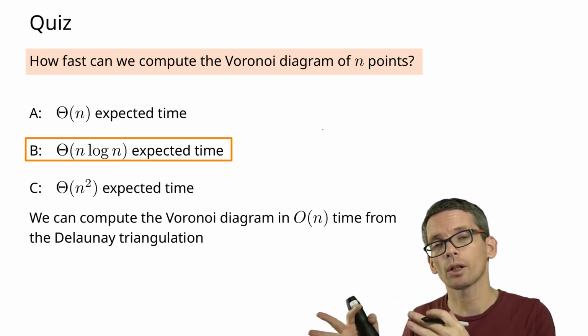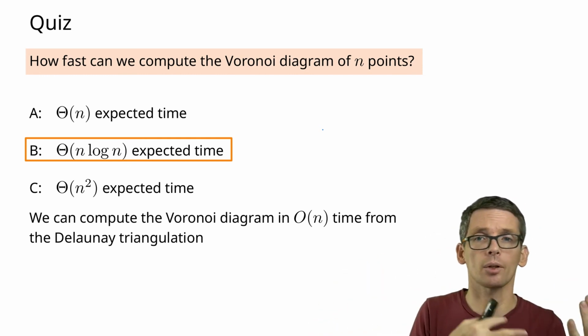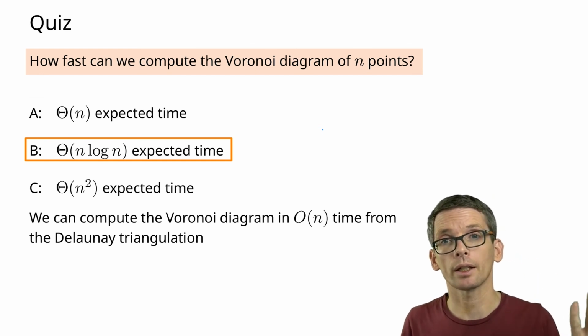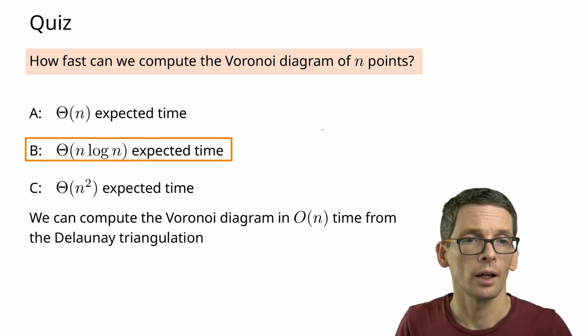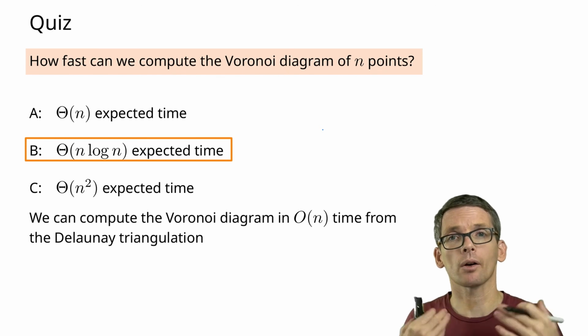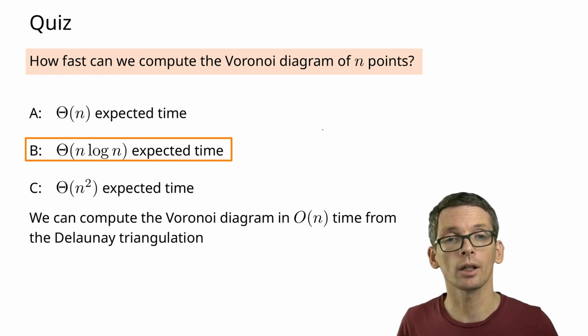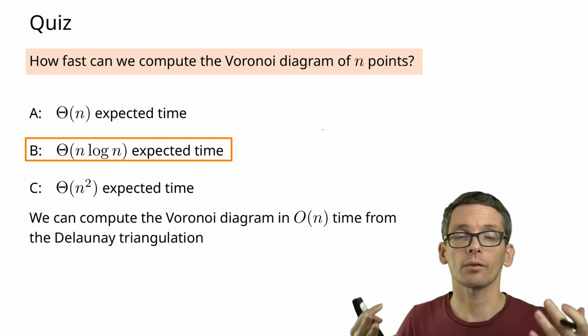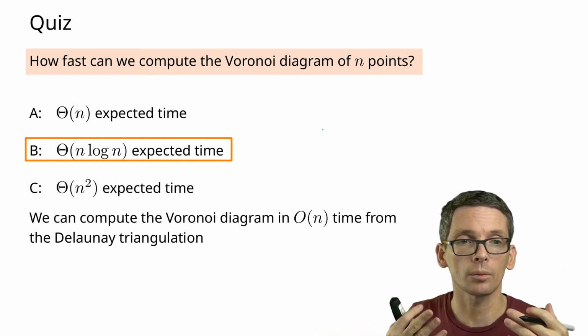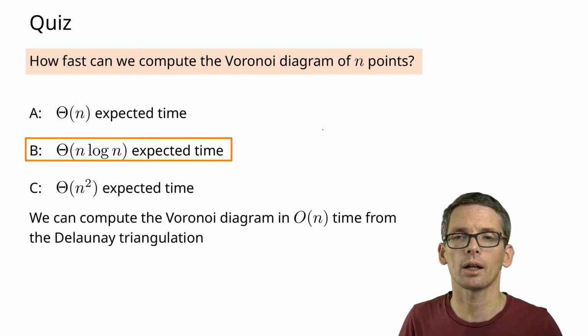So from the Delaunay triangulation, I can in linear time go to the Voronoi diagram, and in that way also get that in expected order n log n time. Now I always have to say expected because we saw a randomized incremental construction. Both the Delaunay triangulation and the Voronoi diagram can also be computed deterministically in order n log n time.